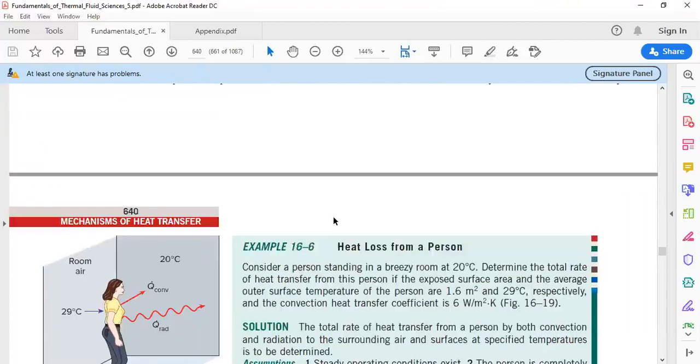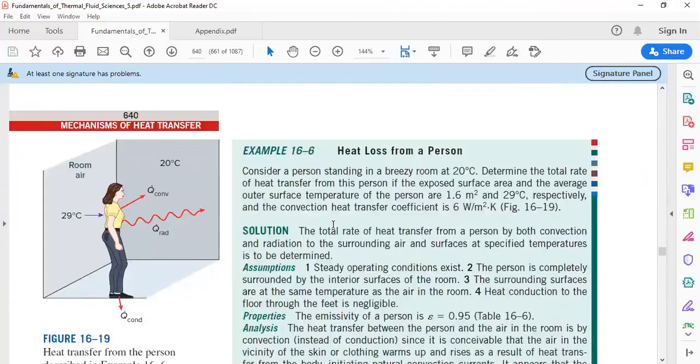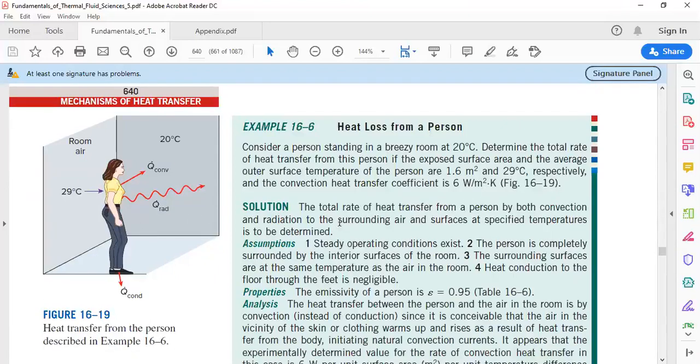Here in simultaneous heat transfer modes, again, as we mentioned at the end of the previous lecture, the heat transfer mechanisms in practice occur simultaneously. So the same previous example, but now we want to calculate the total heat rate.